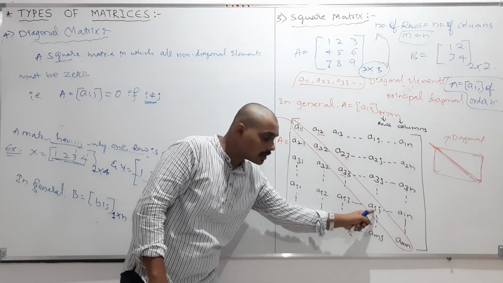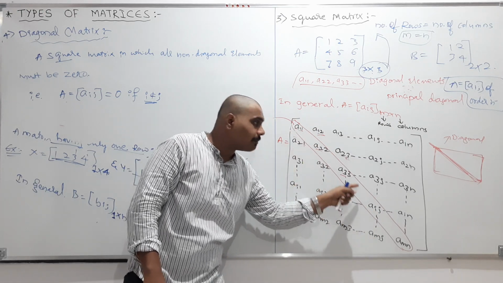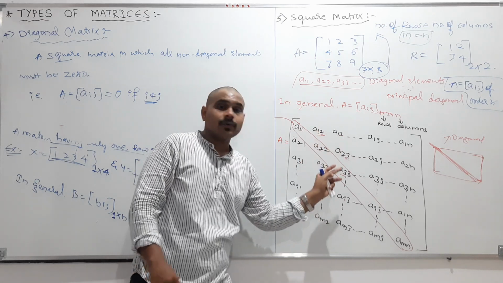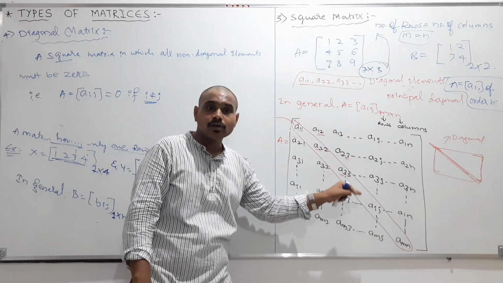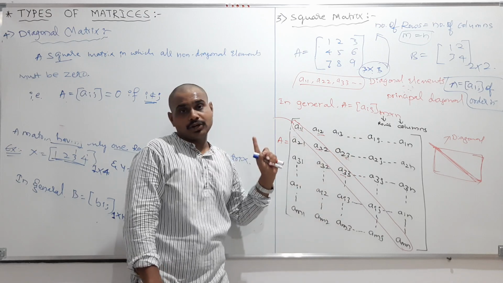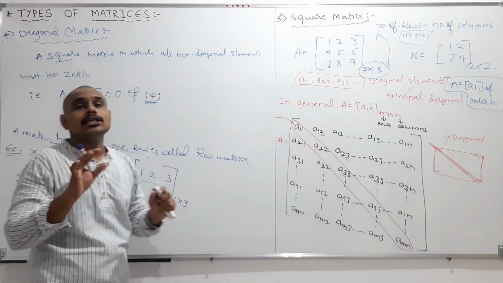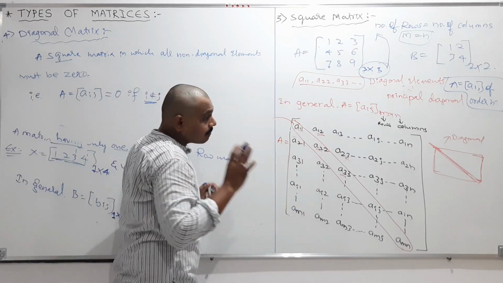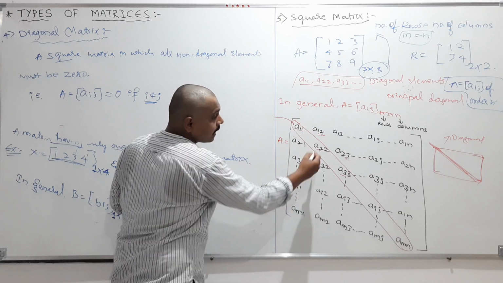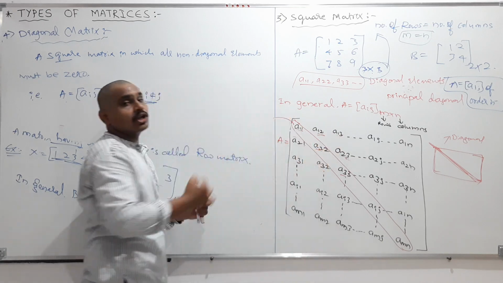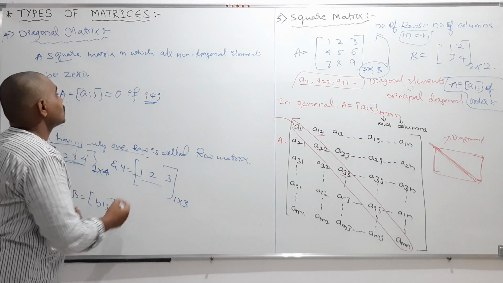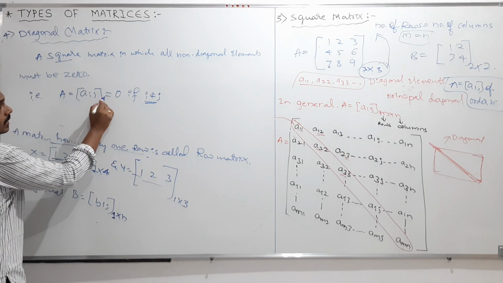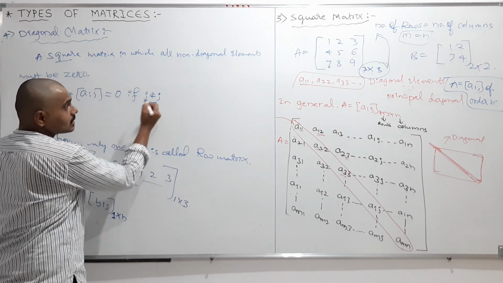So these are the diagonal elements, and except these principal diagonal elements, whatever remaining elements are there, whether above the principal diagonal or below the principal diagonal, all elements must be 0. I am not talking about the diagonal elements, whatever they may be. My condition is that above the principal diagonal and below the principal diagonal all the elements must be 0. That I write as Aij equals 0 if i is not equal to j.